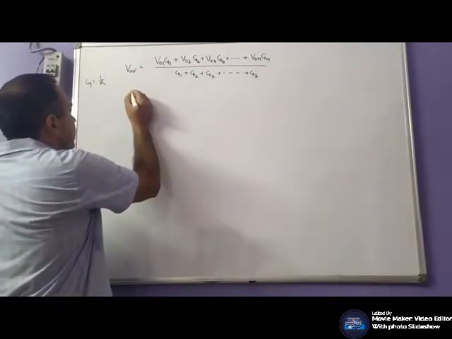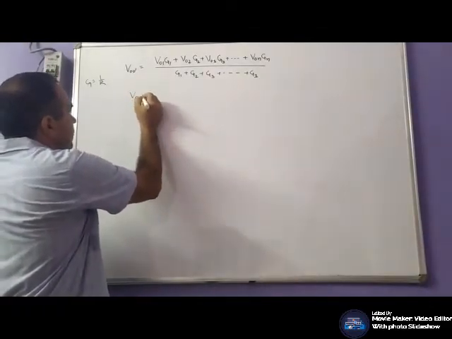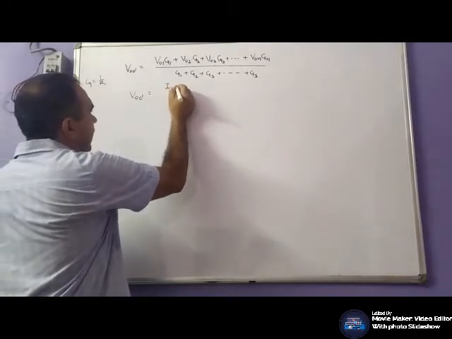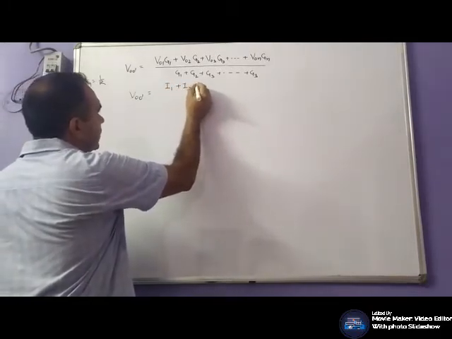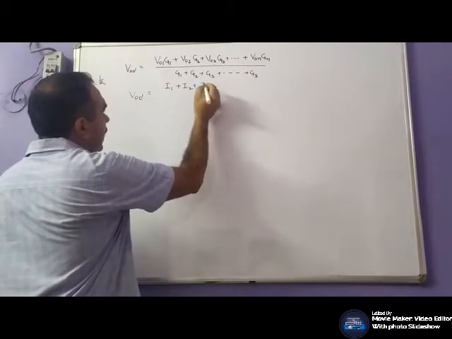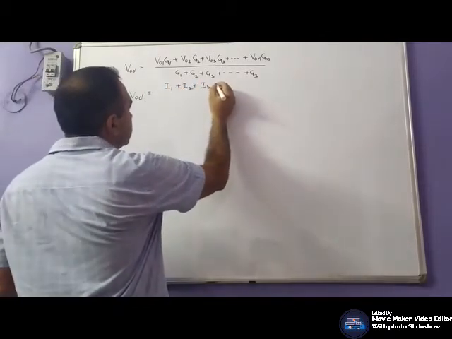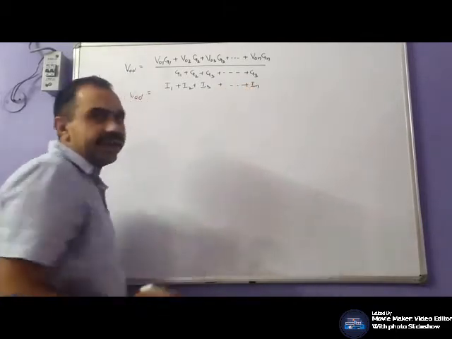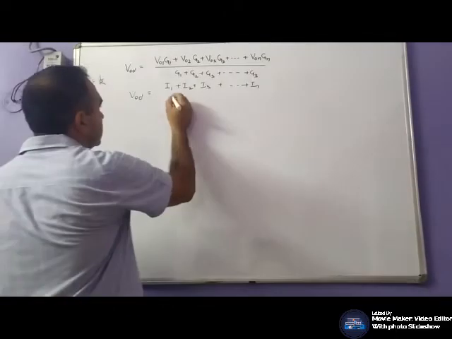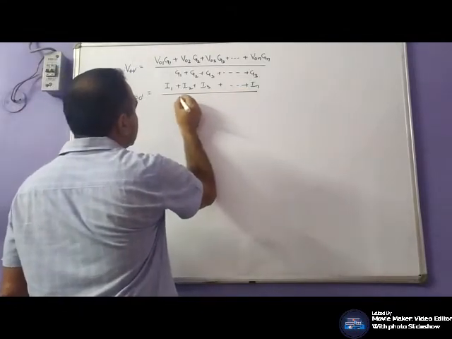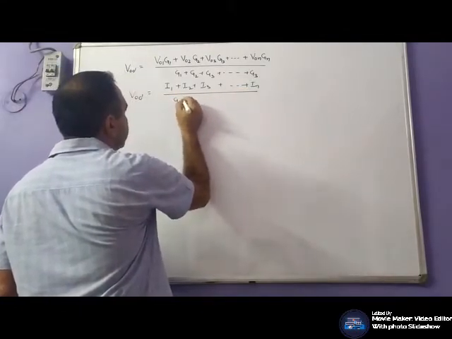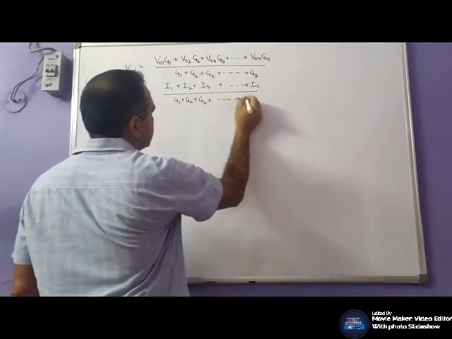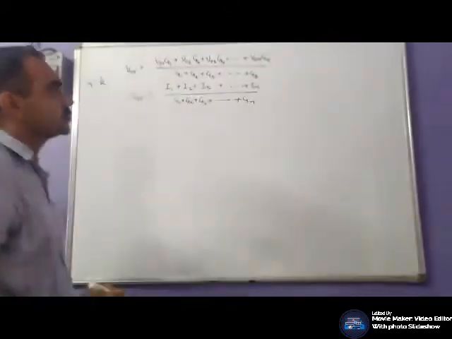We have discussed that this voltage may be written as I1, I2, I3, up to IN, divided by G1 plus G2 plus G3 up to Gn.